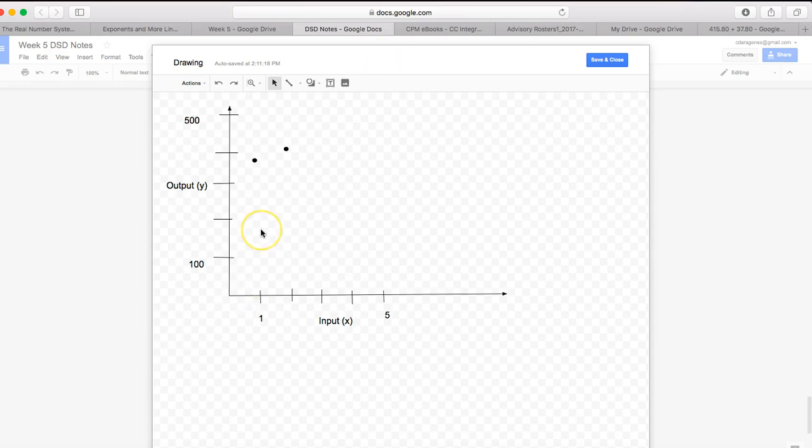And then the next one is plus another $37.80, which was at $453.60. It's about halfway.